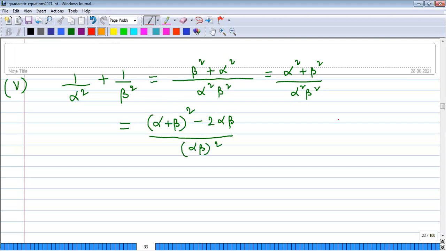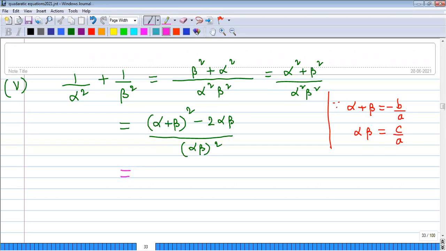So my dear students, you need to recall here once again, alpha plus beta is equal to minus b upon a. Alpha beta is equal to how much? C upon a. Yes, these two values we need to substitute and get simplified. So that is the approach to be applied here.